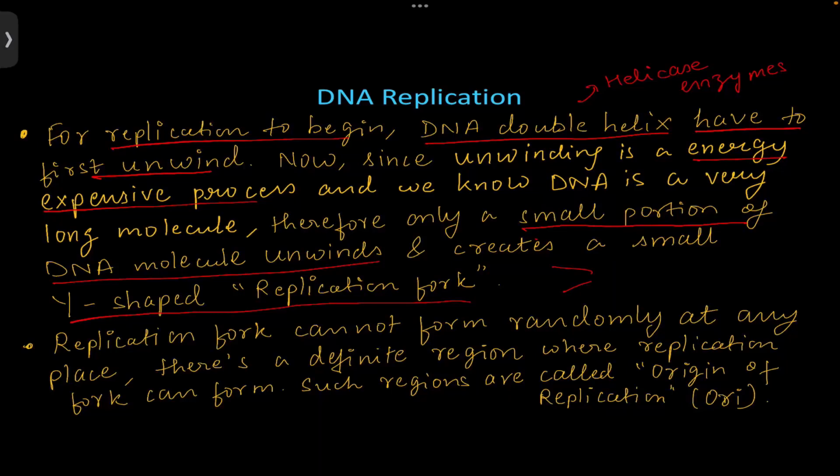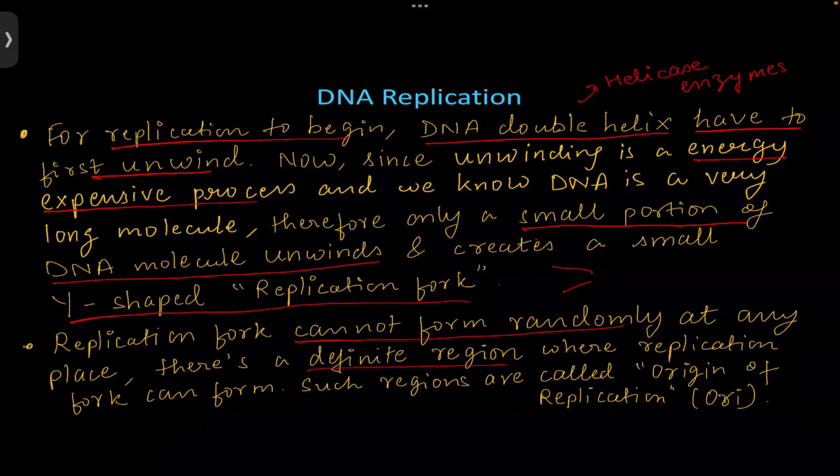It means rotating the DNA helix in the opposite direction, so that the nitrogenous base sequence inside the DNA molecule gets exposed. Now, the replication fork cannot form randomly at any place. It has to form at some definite regions within the DNA molecule, and these regions are called origin of replication.